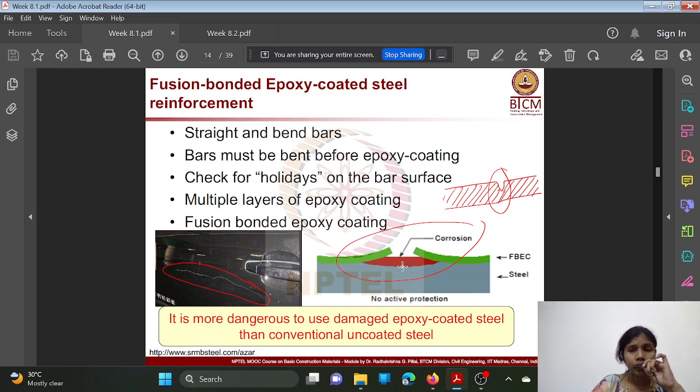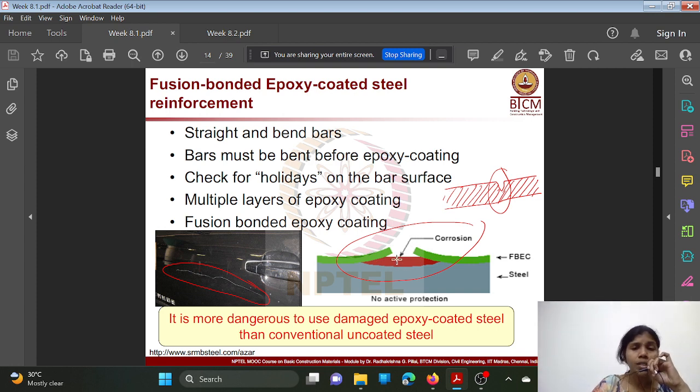Okay, so see, this is the steel and this is the FBEC, and if you have some kind of opening or black holes or holidays or damages on the surface of this epoxy, then what will happen?